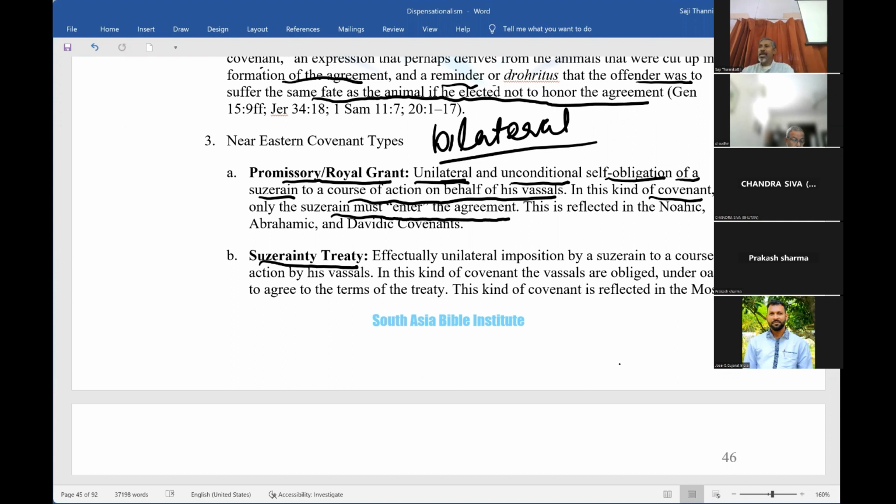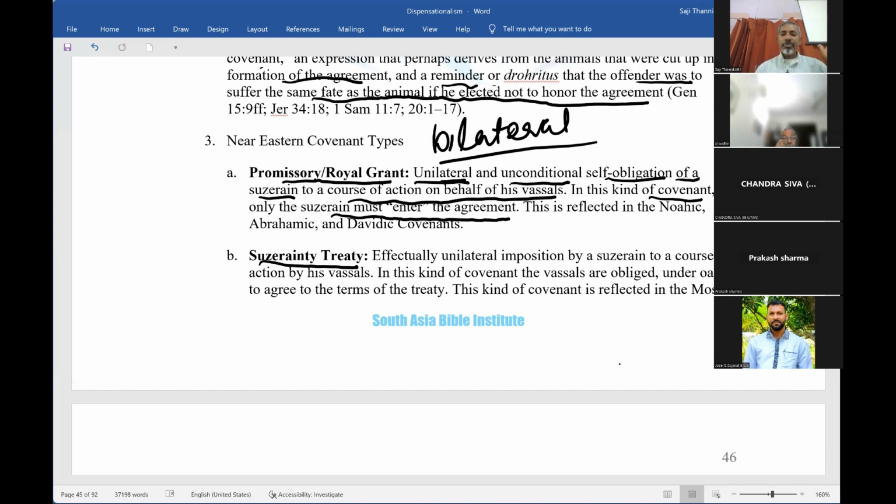I'm going to sign a document and make a bridge for you. That will be a promissory royal grant covenant, because the subjects have nothing to do with it. They are not paying money or anything. Of course, they're paying indirectly, but basically it is what the king does.